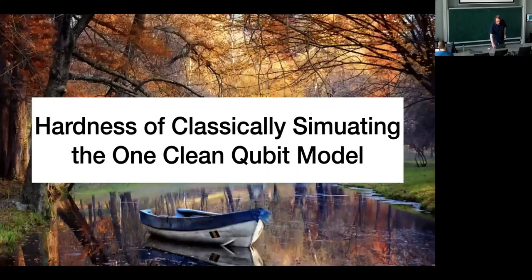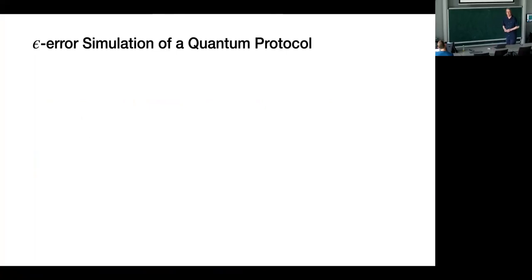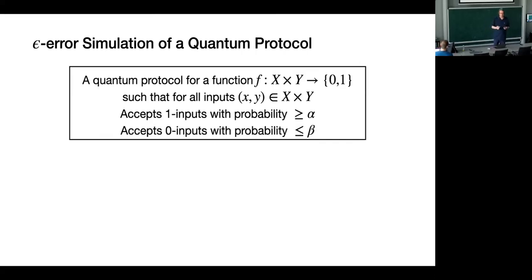Now let's try to see if there's something we can do with protocols. And here we define what an epsilon simulation of a quantum protocol is. Implicitly, what we mean is a quantum protocol that has this storage with one clean qubit and the other qubits not being clean.